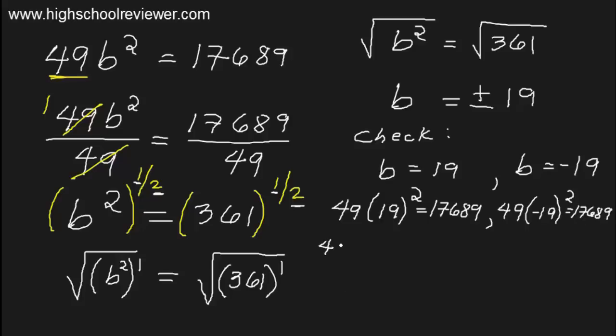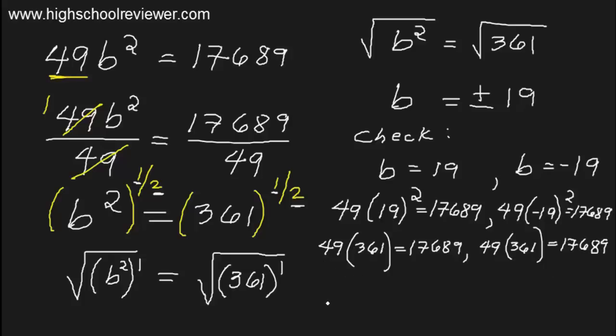So we have 49 and 19 squared, which will be 361, equals 17,689. 49 negative 19 raised to 2 will be 361, and this is 17,689. 49 multiplied by 361 is 17,689.